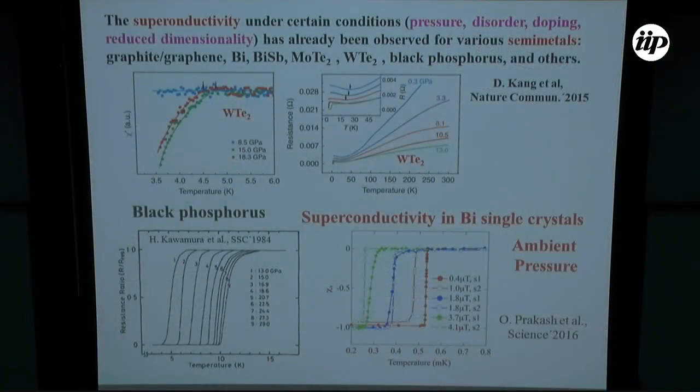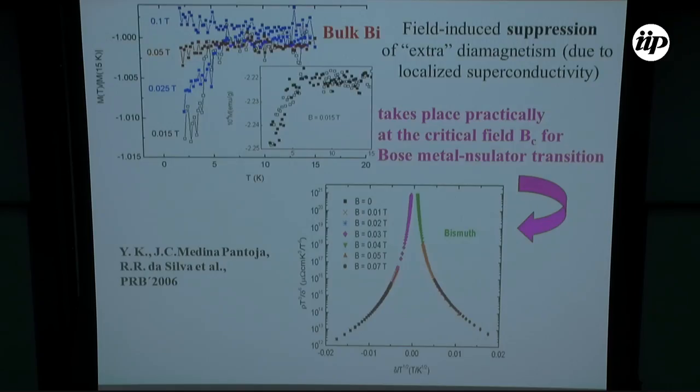But anyway, all of them show the tendency to superconducting correlations. And once again, 10 years ago, we made this comparison between bulk bismuth and magnetization. The signature is really very, very tiny. But it's not surprising if you associate the superconducting correlations with the surface, which is not implausible.